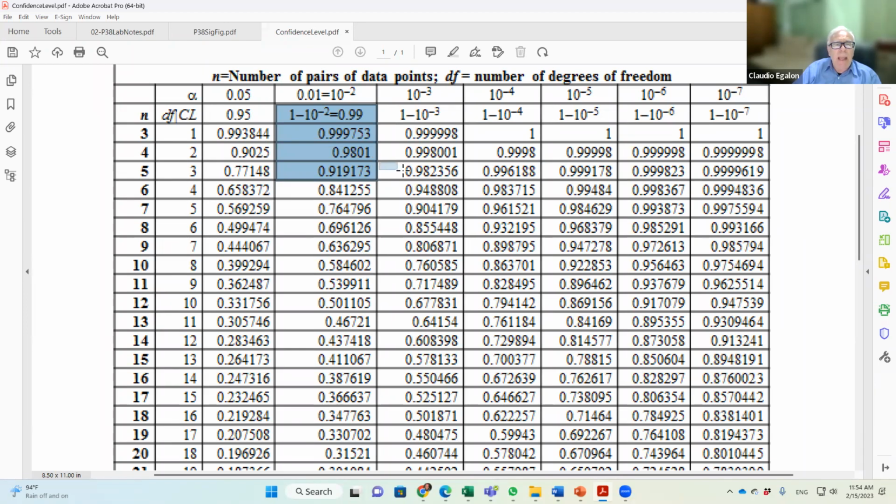Similarly, if you had gotten an R square of 0.982356, the confidence level was supposed to be 99.9%, an additional 9 here. Similarly, if the R square would be this value here, your confidence level would end up being 0.95. Okay.